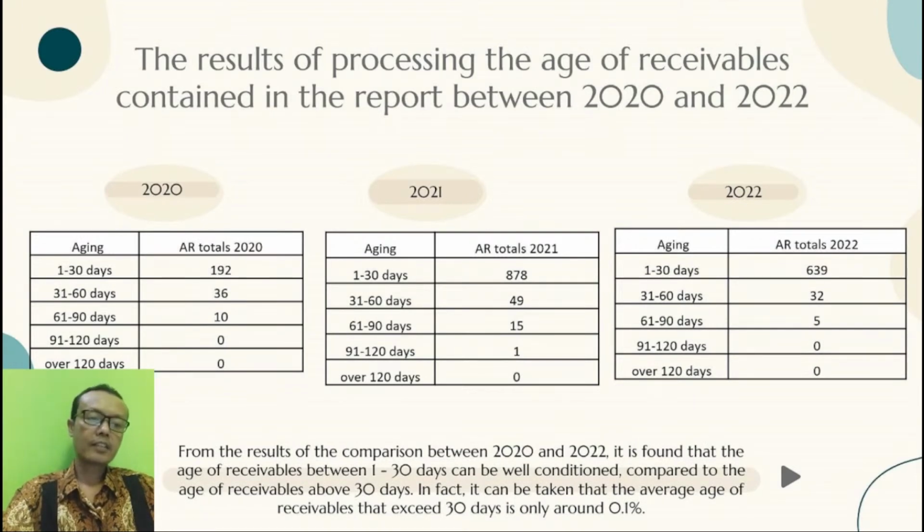In fact, it can be taken that the average act of receivable that exceeds 30 days is only around 0.1%.